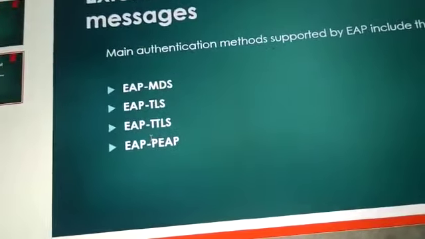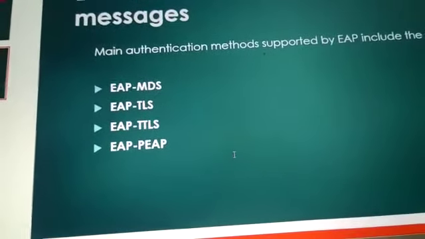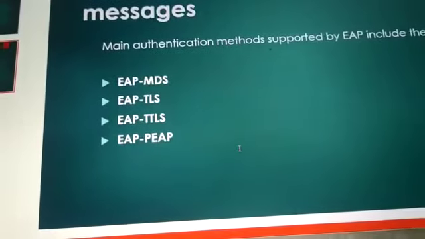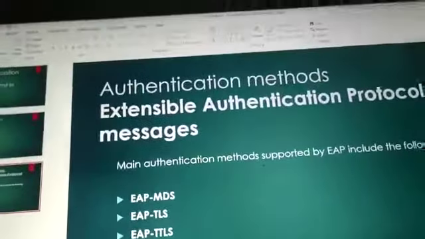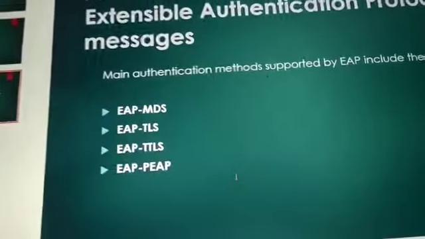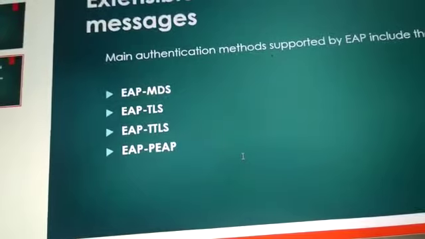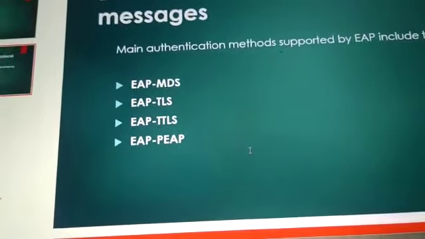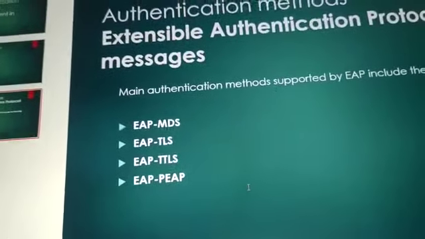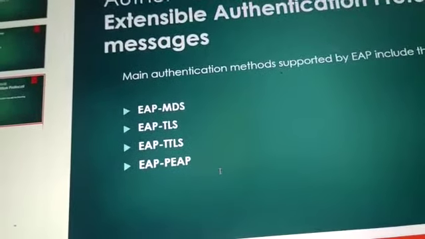A tunnel will be created between the station and the particular access point, and the user will be asked to pass a username and password or some other credentials through the tunnel, and thus he gets authenticated to the access point.